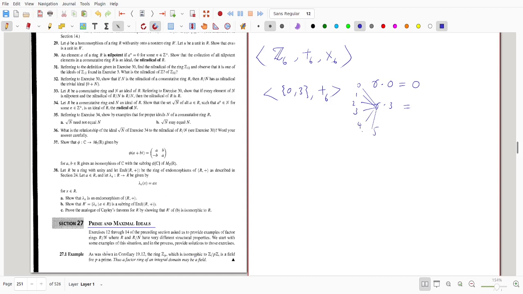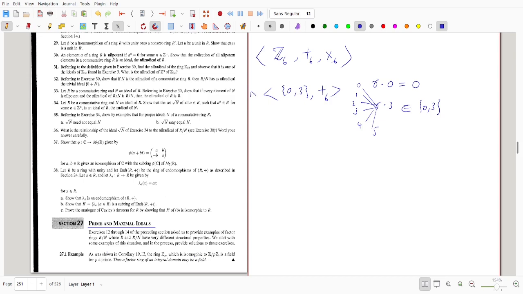If you choose any of these 6 elements and multiply it with 3, then that will be either 0 or 3 itself. Okay, so we can say that this is an element of the set {0, 3} as well. So this satisfies the condition of an ideal. Okay, so this is an ideal.